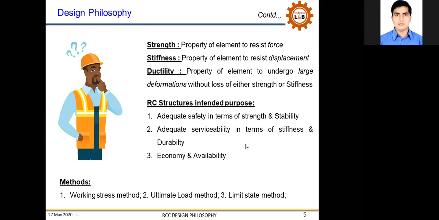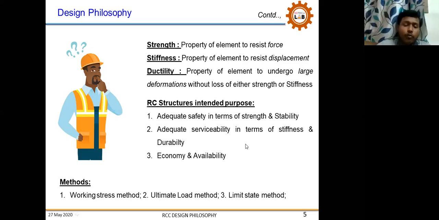We have just listed the three methods, but take a moment and think about how these methods have evolved over a period of time into these kinds of ideas.